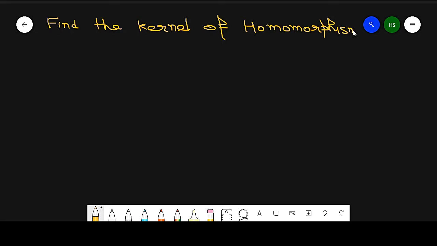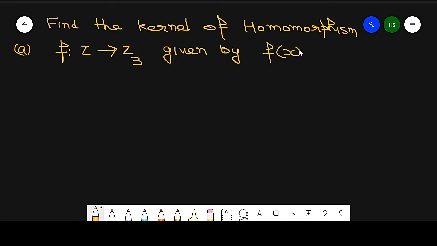My first question is part A, which is f from Z to Z3. It is the residue modulo 3 and it is given by f of x equal to x bar.